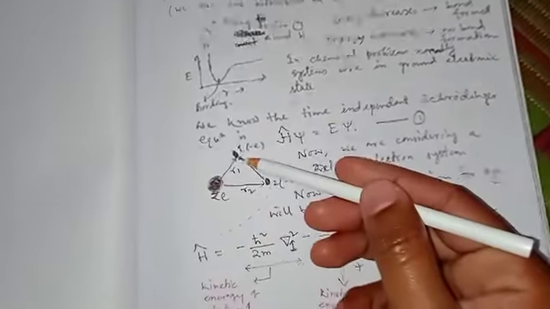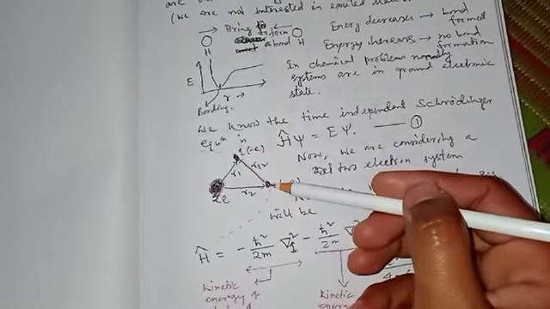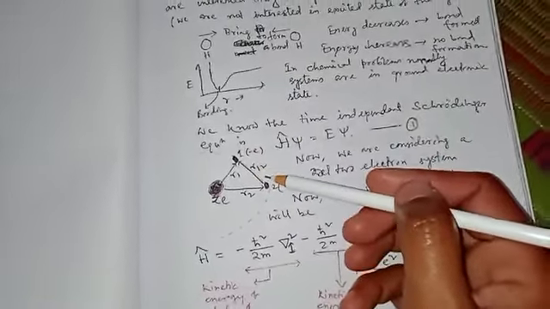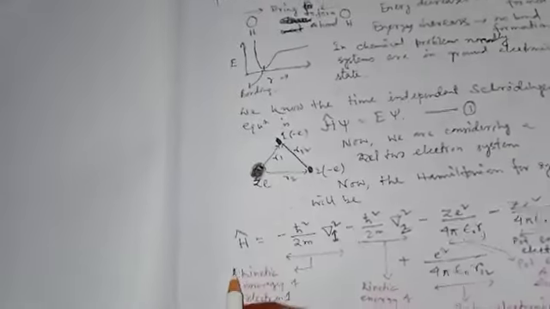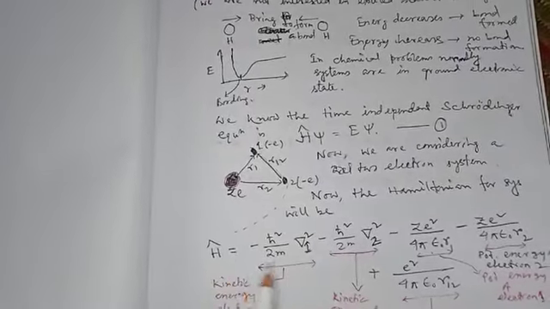Now the inter-electronic distance, that means from the first electron to the second electron, we are considering as r12. Then what will be our Hamiltonian? The Hamiltonian will consist of kinetic energy and potential energy terms.